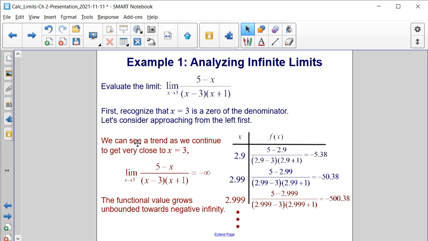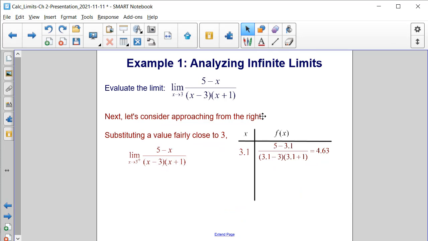We can see a trend as we continue to get very close to an x value of 3. If we put in 2 and 999 thousandths into our function, we get a value of negative 500 and 38/100. So if we analyze these y values or function values, they grow unbounded towards negative infinity.